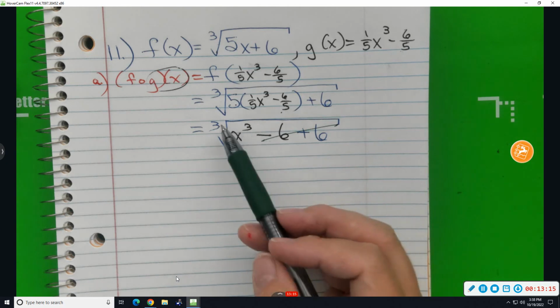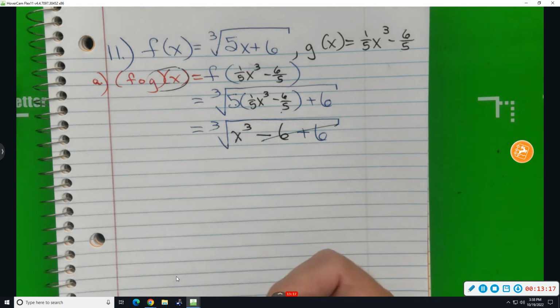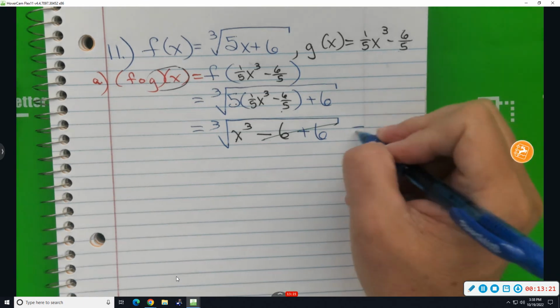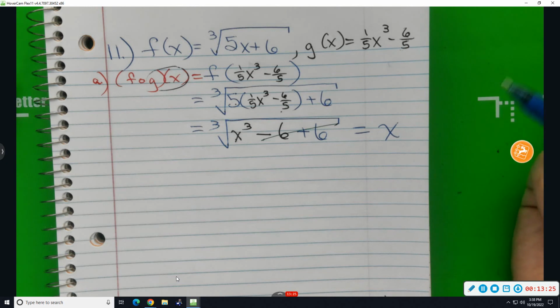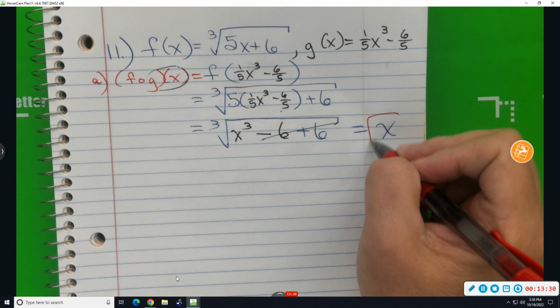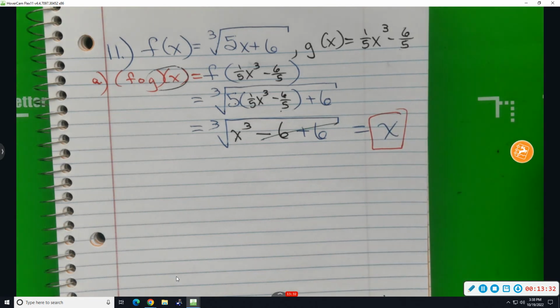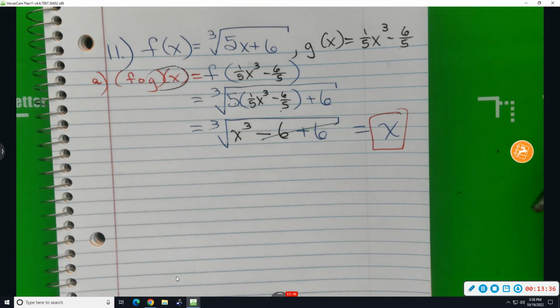What happens when you take the cube root of x cubed? It just falls off, leaving you with just an x. So f composed with g of x reduced to x. Any questions there? Any questions on my manipulations?